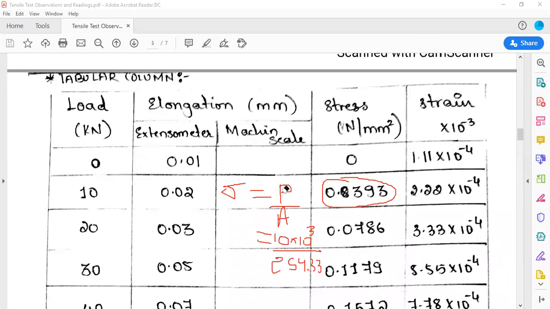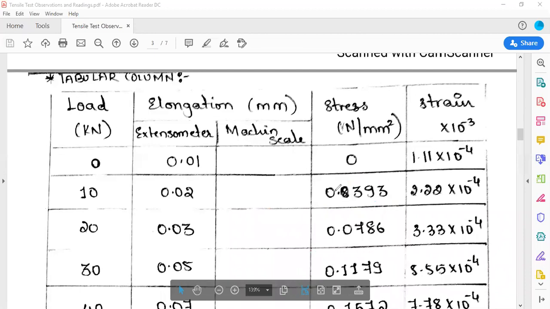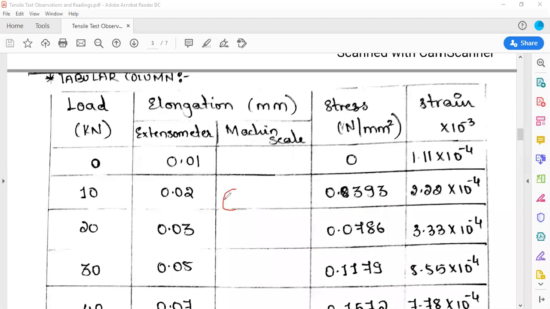Now, I'm going to find out the strain induced in the specimen. Strain is nothing but change in length to original length. Strain is denoted by epsilon. Epsilon is equal to change in length, denoted by delta L or DL, to original length.